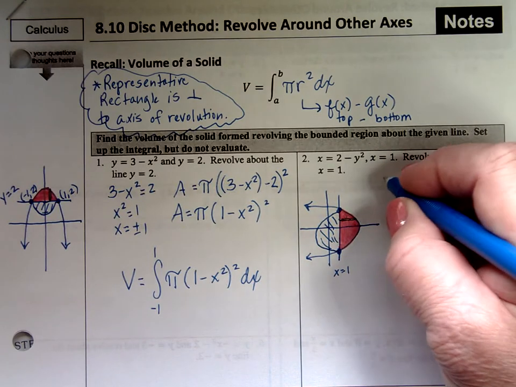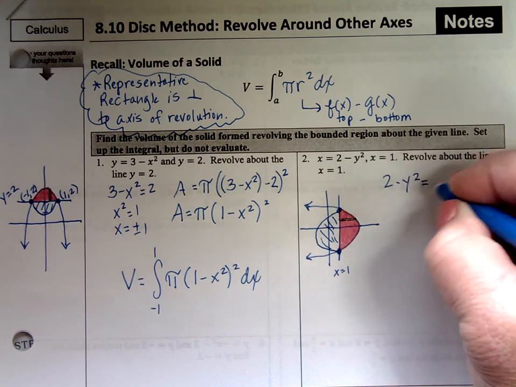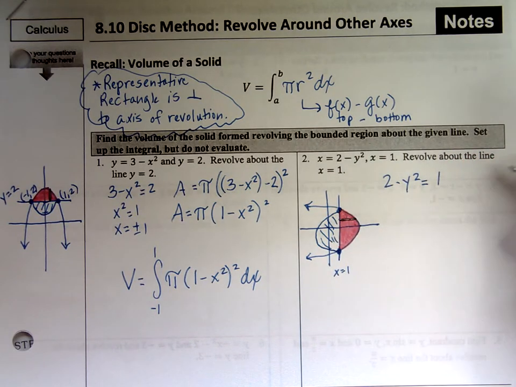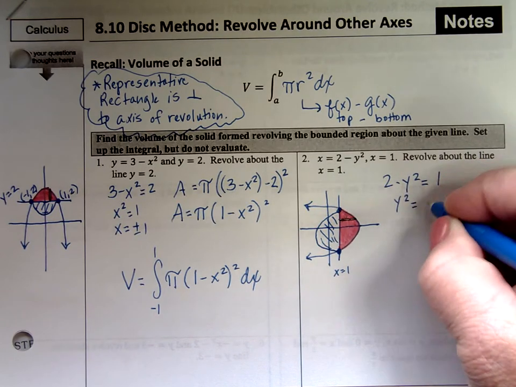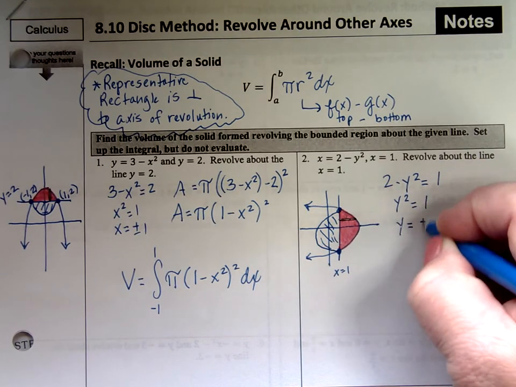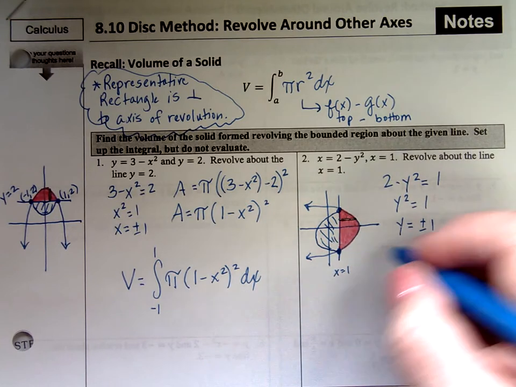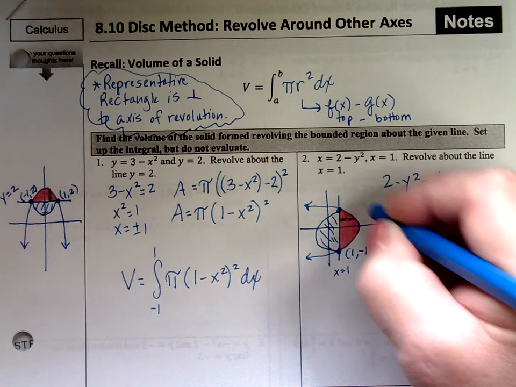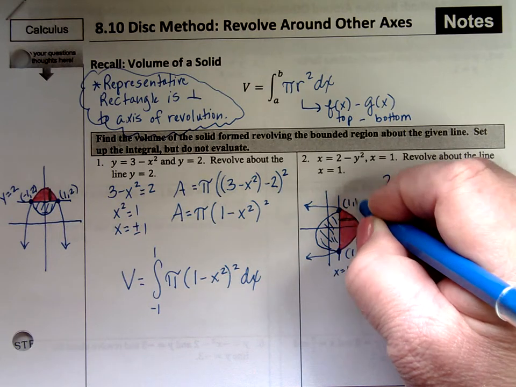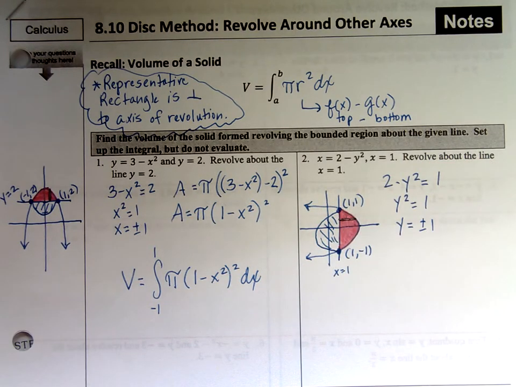So I'm going to take 2 minus y squared, set it equal to 1, and solve it out. Again, I'm going to flip it so I have a positive y squared, and when I do that I get 1. So y is plus or minus 1. Does that make sense? Yep. This would be 1, negative 1. This guy up here would be 1, 1. All right, got the bounds.